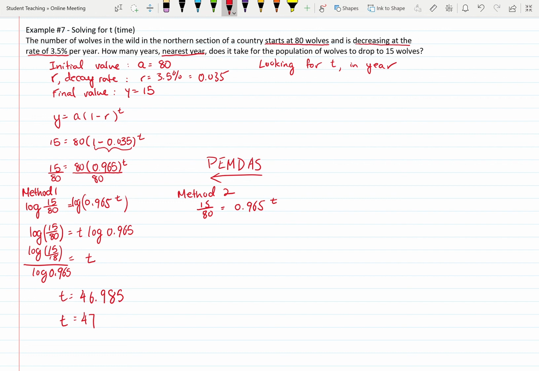So we can set up a logarithm this way: log base 0.965 of 15 over 80 equal to t. There is a button in the calculator that helps you input this kind of logarithm. That should give us the same answer, around 47 years. So it takes 47 years for the population of wolves to drop from 80 to 15. All right, that is all.